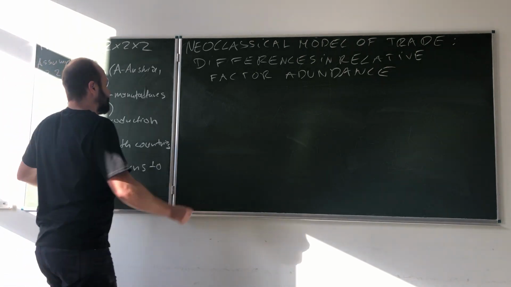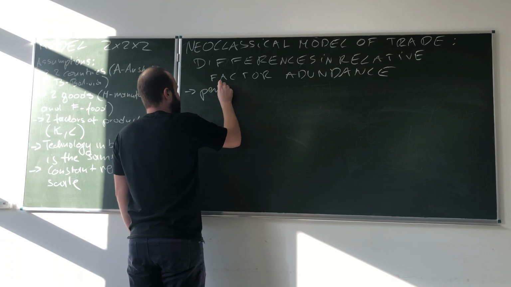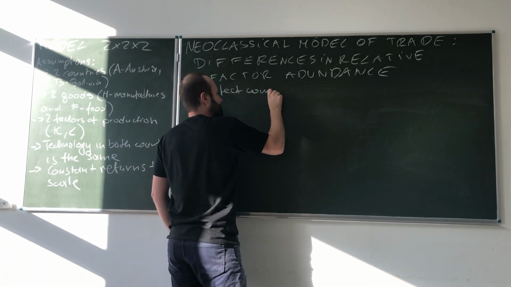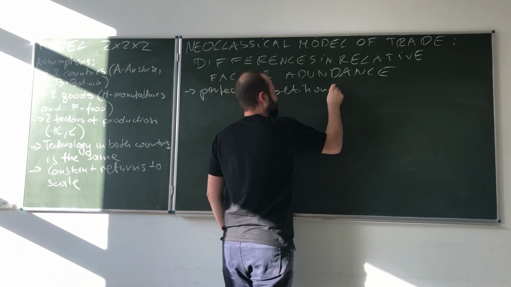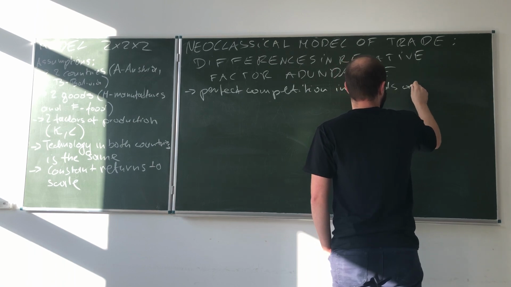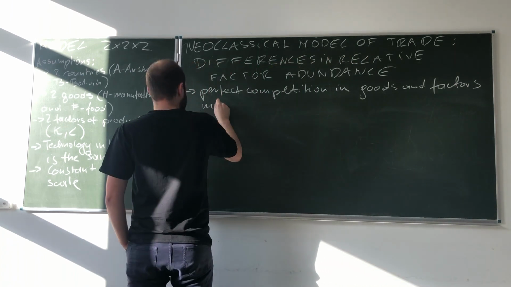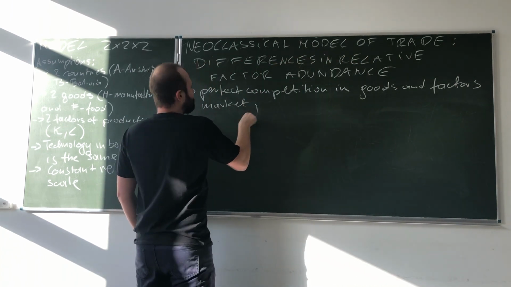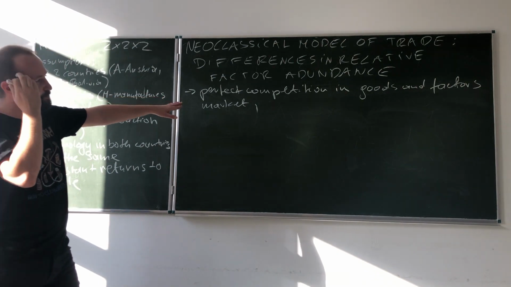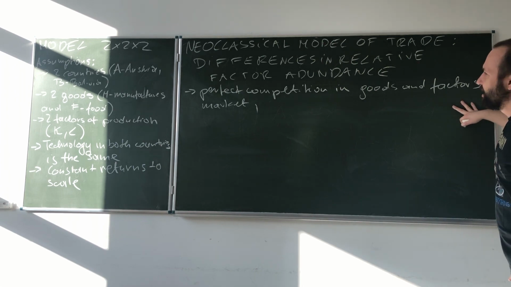Then, the next assumption is that there is perfect competition in goods and factors markets. Look, this is also a simplifying assumption, but those assumptions will hold for autarky as well as when we introduce trade between the economies.